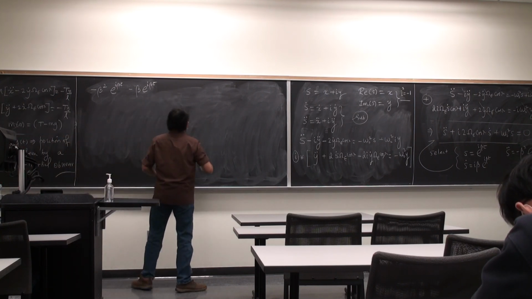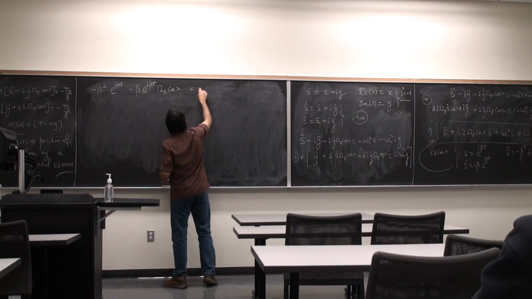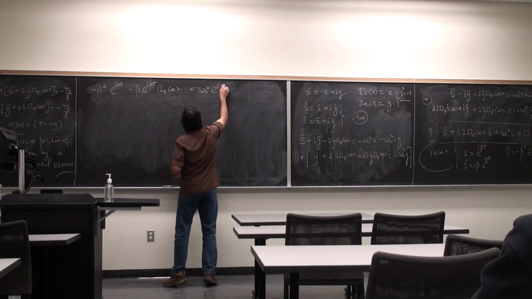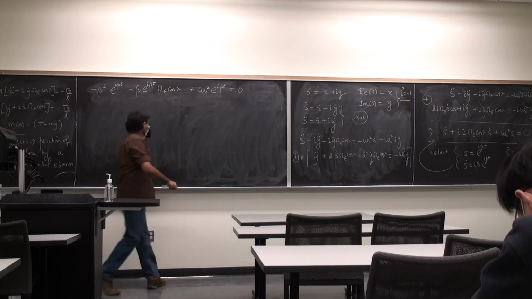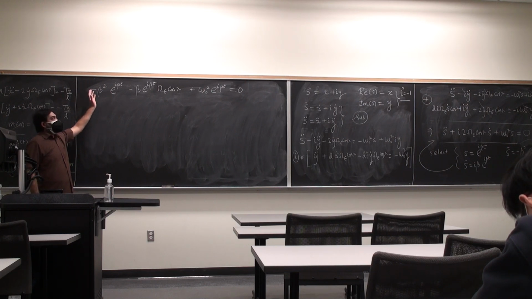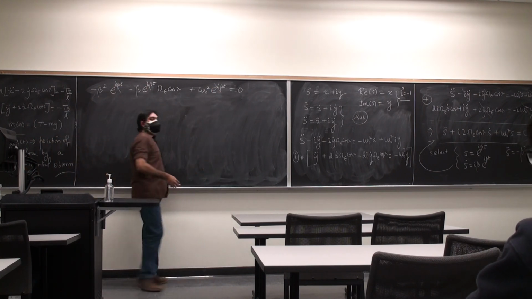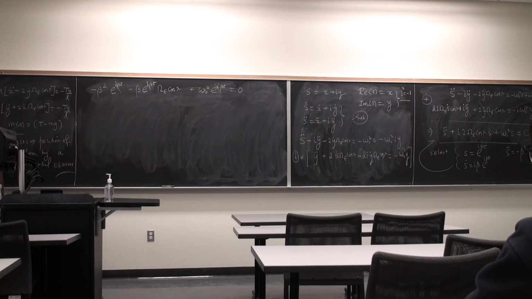I'm missing out on omega_e over lambda. Then I can take e to the power i beta t as a common factor, remove it, and set the rest equal to 0, since setting the exponential to zero gives only a trivial solution. So I can cancel that off. Now I solve for beta. It's a quadratic.